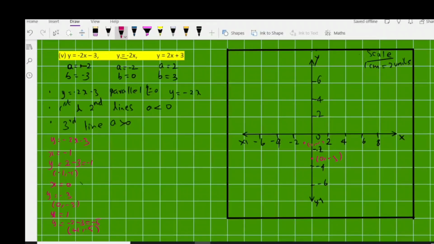Next plus 1 minus 5. This is plus 1. This is minus 5. Let's join the points.